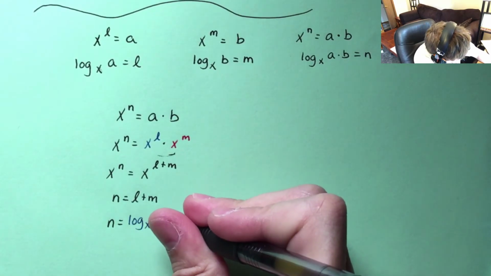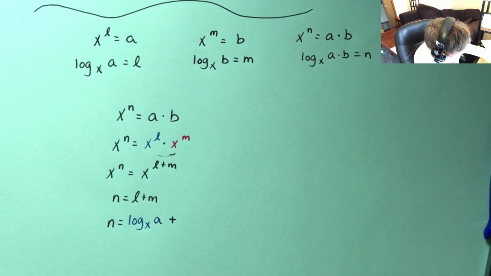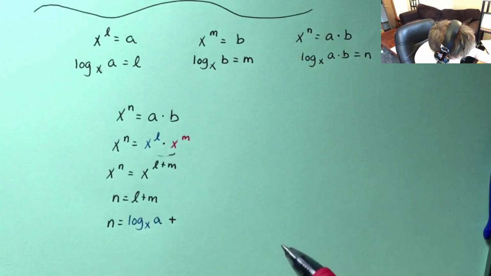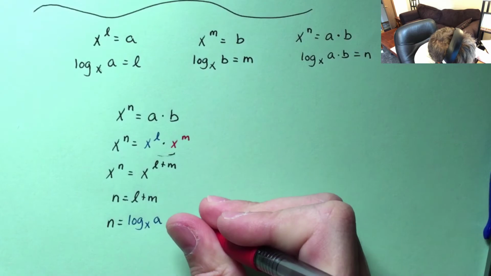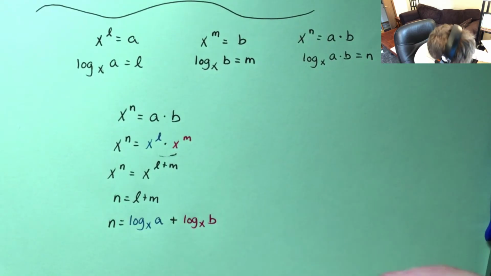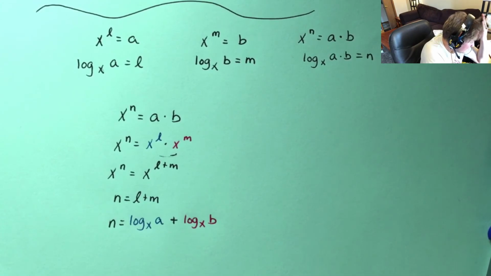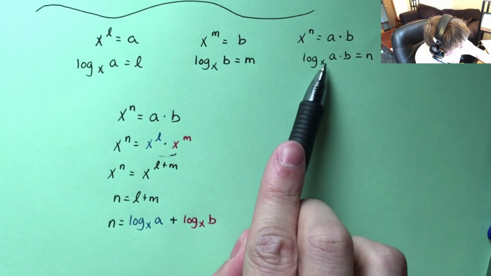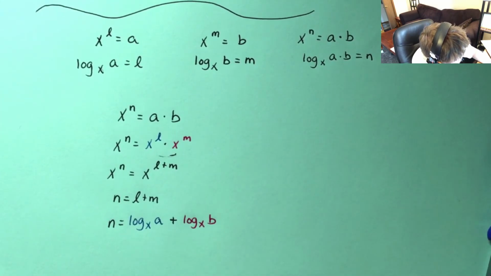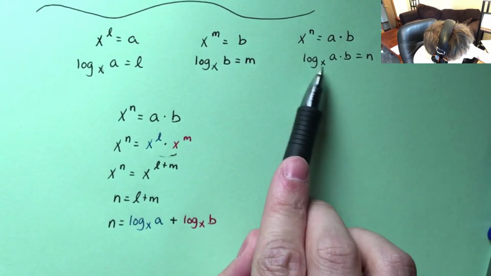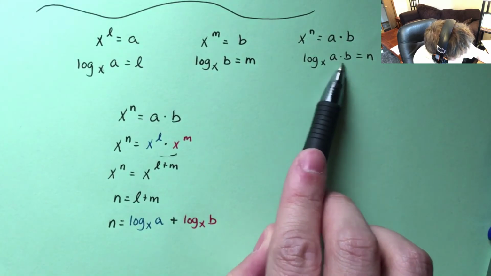And m is equal to log base x of b. So I know that n is equal to that, but n is also equal to log base x of a times b. So instead of n, I'm going to say log base x of a times b.